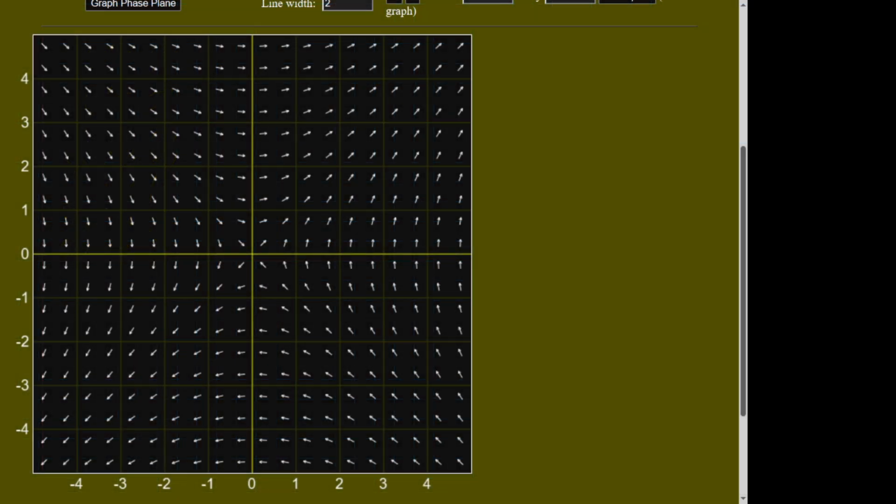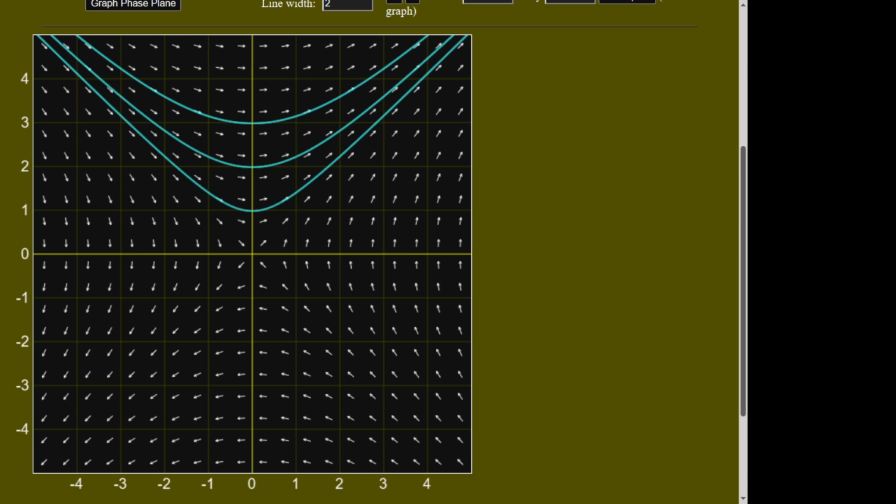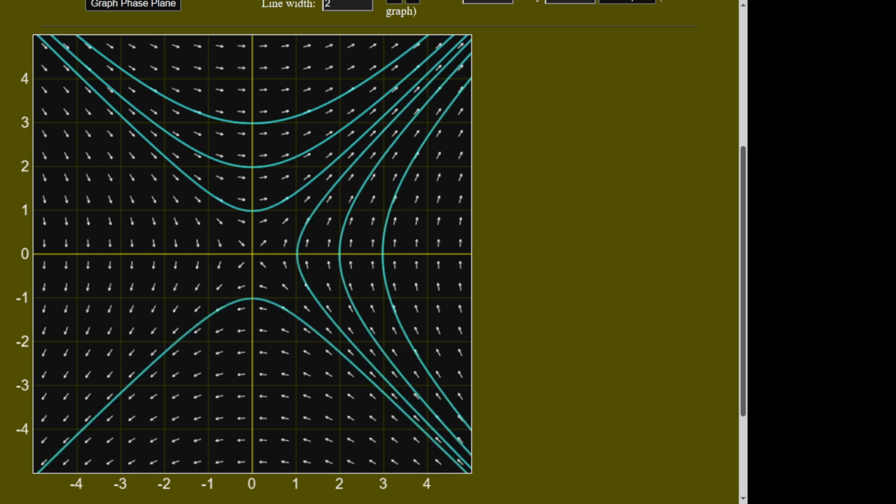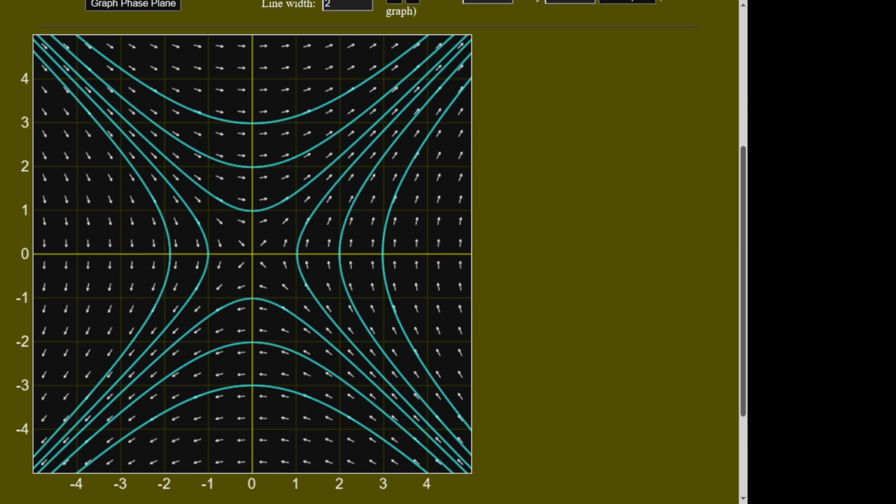And if we go back to our computer graph, I think it becomes a lot more clear that the thing we're looking at is the same saddle node that we saw before, just rotated by 45 degrees. All right, so this thing is also a saddle node.